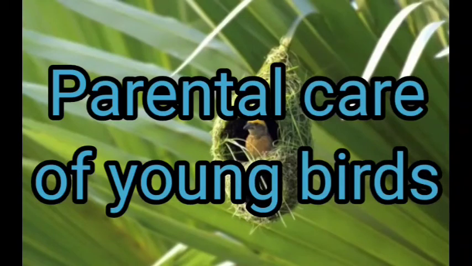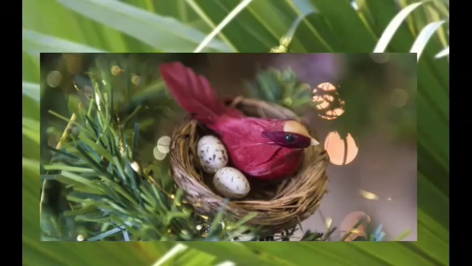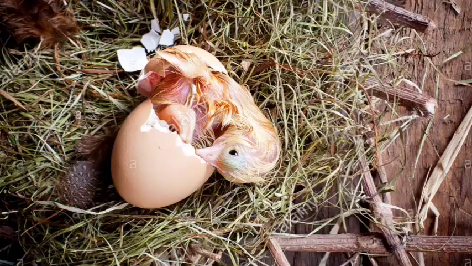Next one is parental care of young birds. That means how birds care for their young ones. So when the nest is ready, a mother bird will lay eggs in the nest. The mother and the father bird will protect the eggs, and one of them will sit on the eggs and one will protect the nest from enemies.